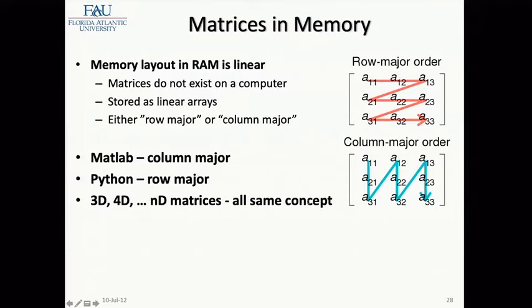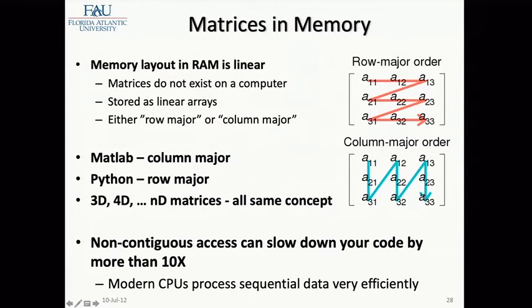And I already mentioned this: no matter how many dimensions your matrix is, so if this is 3-dimensional, the first plane will be stored first. Then you go to the next plane, the one in front of our screen or behind our screen. And then you keep storing in the same way. So that's how data is arranged.